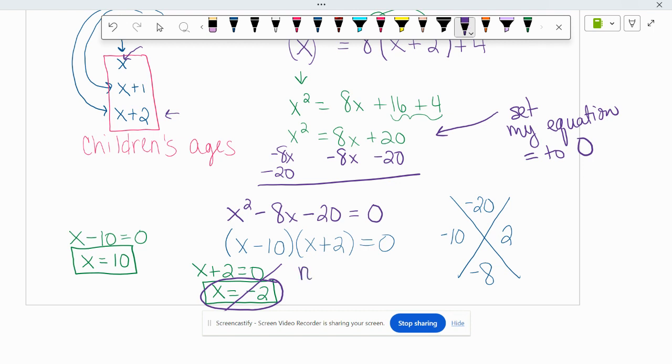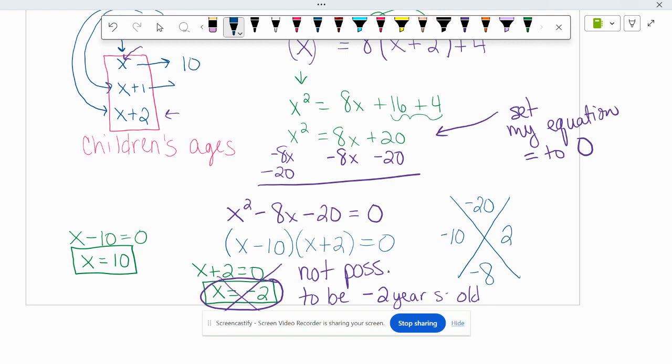No, it is not possible to be negative 2 years old. So we know that that answer is no good, so we dismiss it. So what does that mean? Well, that means that the youngest child is 10, because x equals 10.